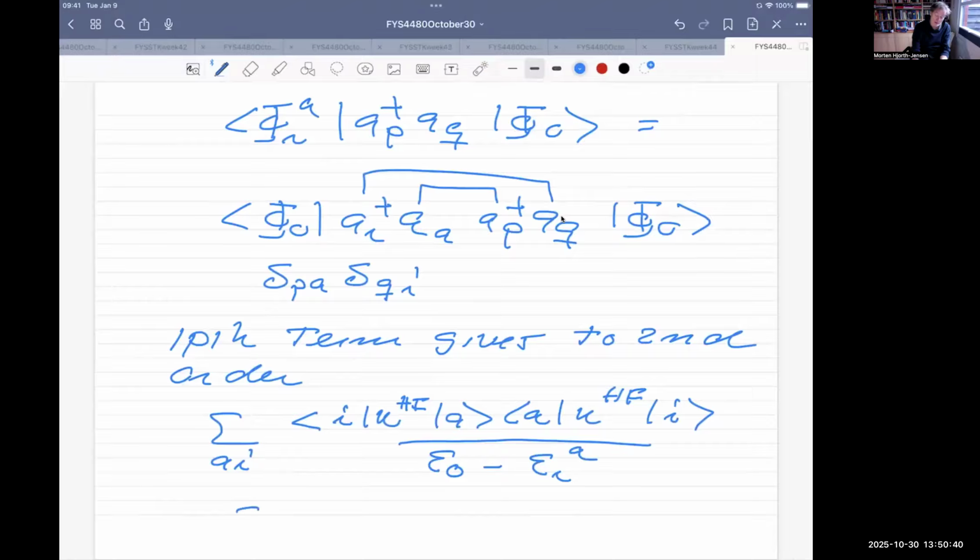And now we remember that this epsilon IA is the same as the particle energy minus the hole energy, because we're taking out the hole, plus epsilon 0.